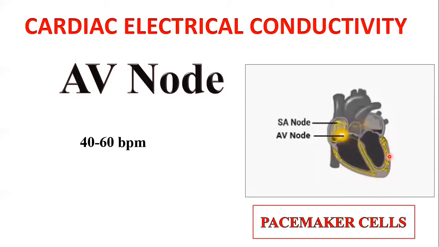So it makes sure the heartbeat is at the rate of 40 to 60 beats per minute. The heartbeat is controlled at the rate of 40 to 60 beats per minute by the AV node. The SA node is comparatively faster than the AV node.